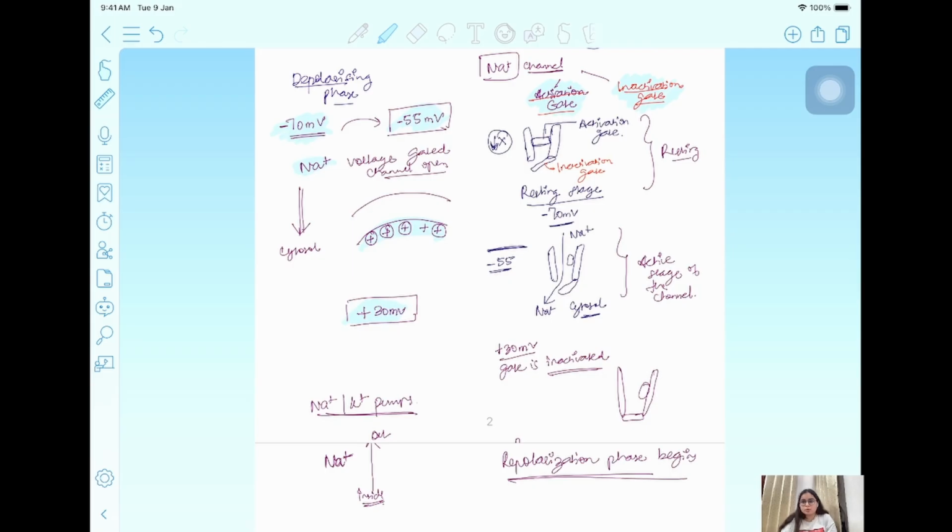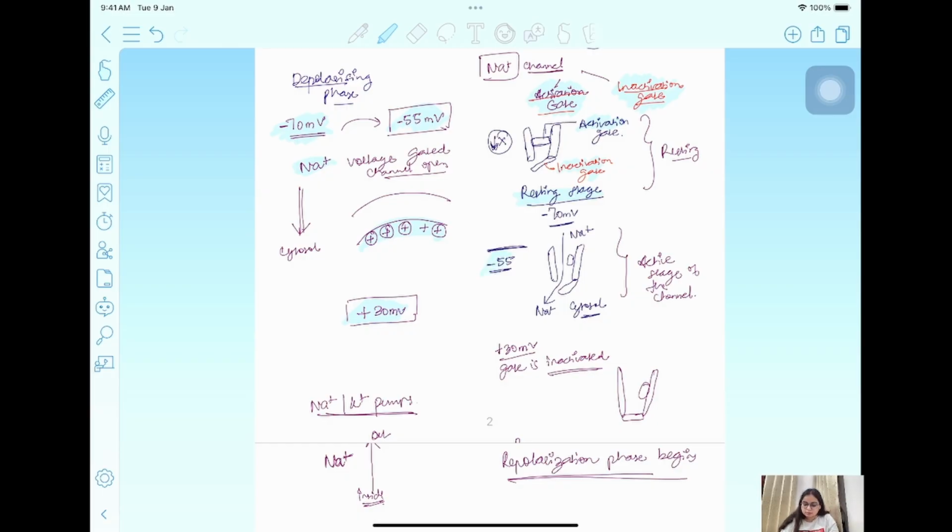Now, when the voltage gated sodium channel is at a resting stage, which means when the membrane potential is minus 70, the activation gate and the inactivation gate of the voltage channel are closed, which means there is no inflow of sodium.